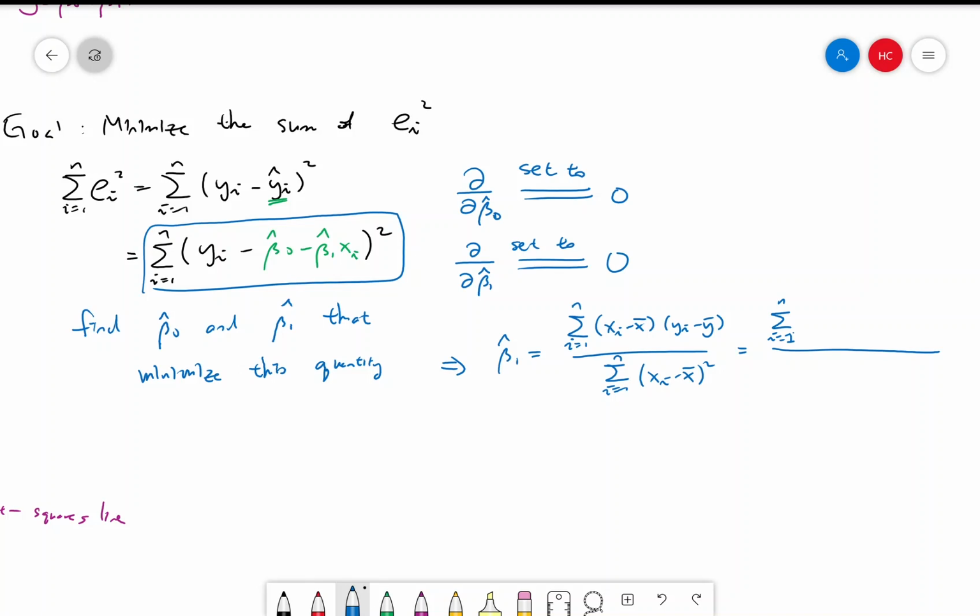You can calculate the sum of xi yi first, and then minus n x bar y bar. In the denominator, you can calculate the sum of xi squared first, and then minus n x bar squared. So this is the value of beta 1 hat, and beta 0 hat is equal to y bar minus beta 1 hat x bar.